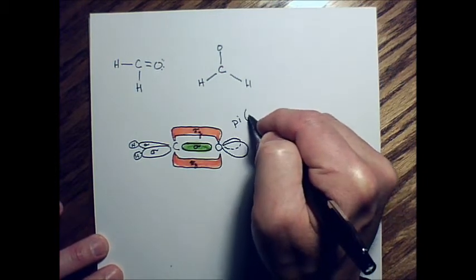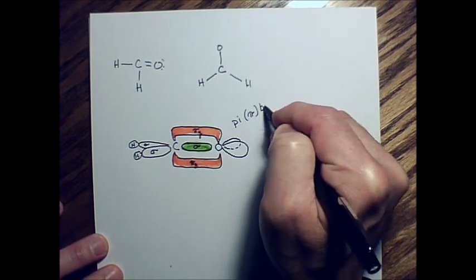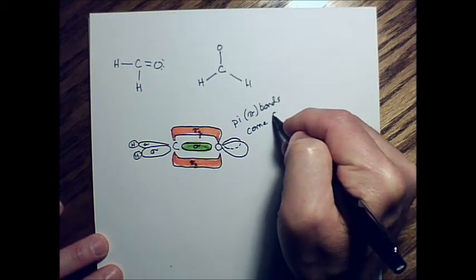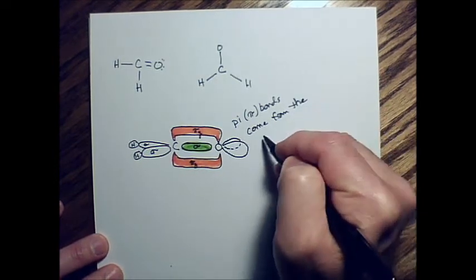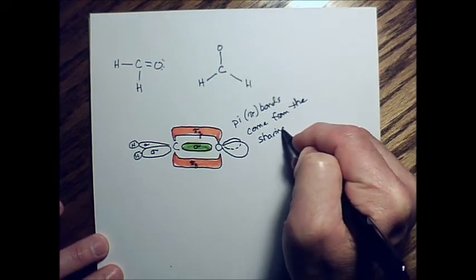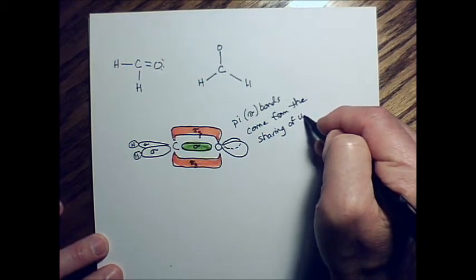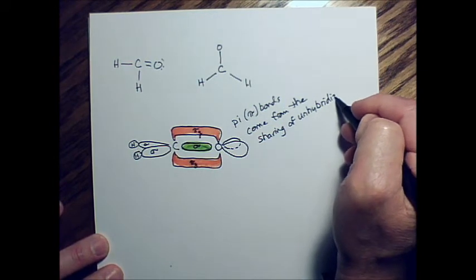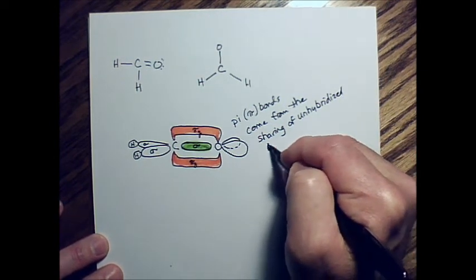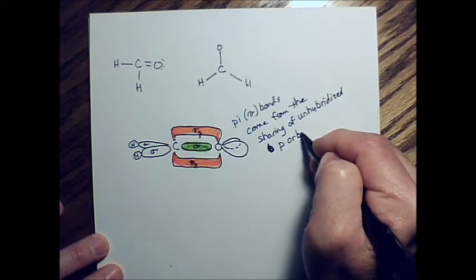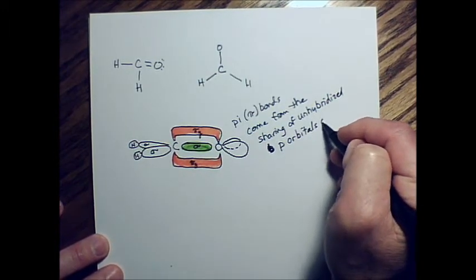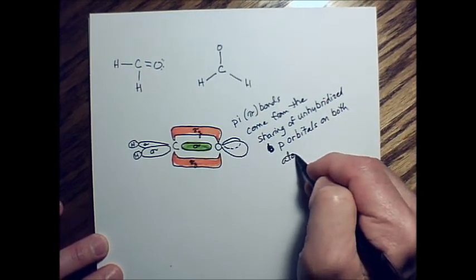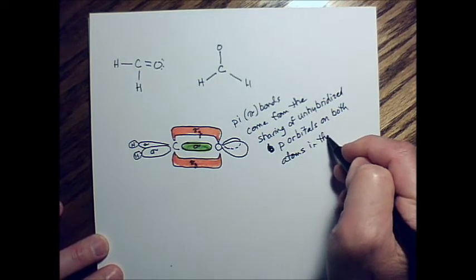So pi bonds come from the sharing of unhybridized, not hybridized, p orbitals on both atoms in the bond.